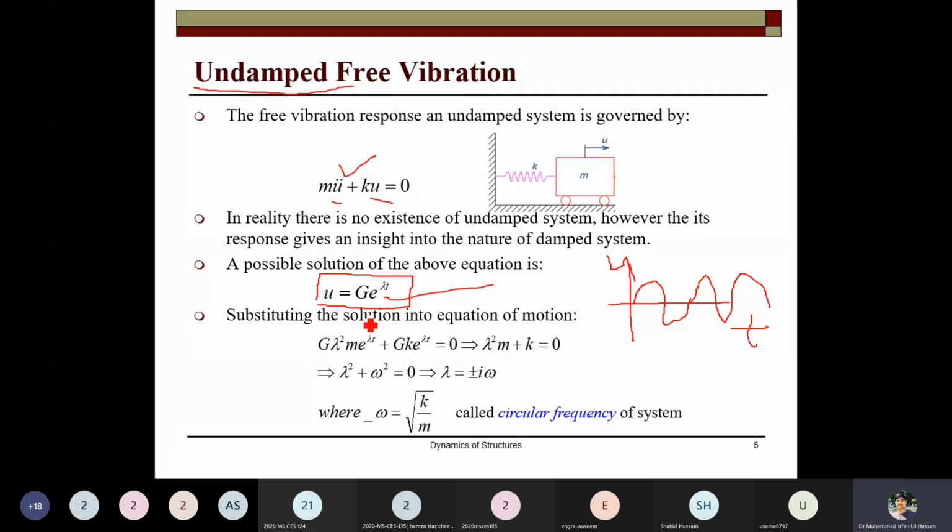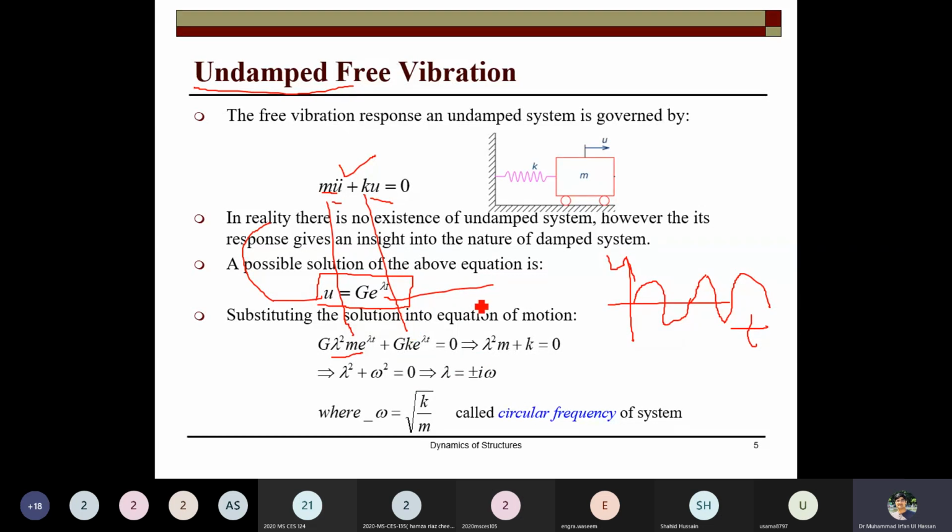So taking the second derivative and putting it in this equation, u double dot becomes G lambda square M e raised to power lambda t, plus G e raised to power lambda t times K, equal to 0. Now you have to solve for the roots of the equation.